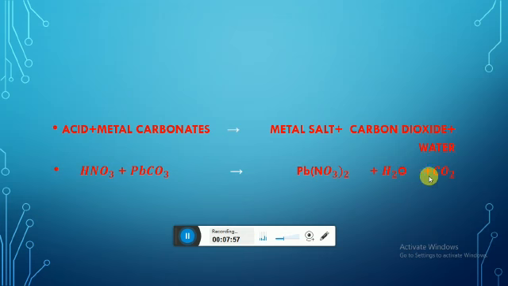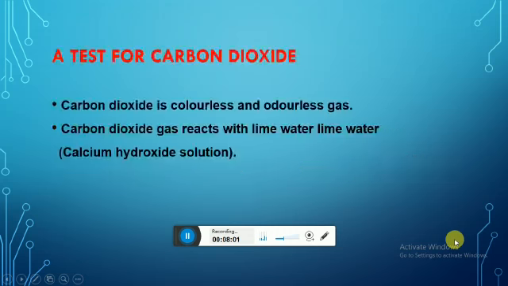So definitely we have to test for the carbon dioxide. The question is, how can we test the carbon dioxide? As we know, carbon dioxide is a colorless and odorless gas.